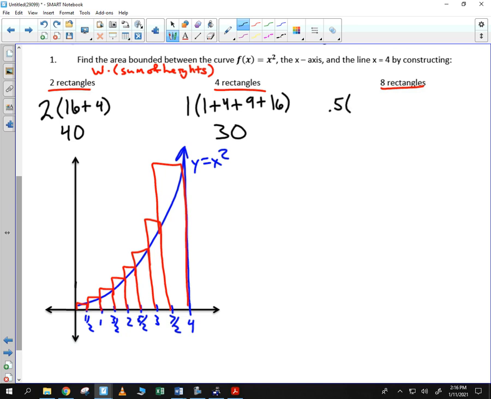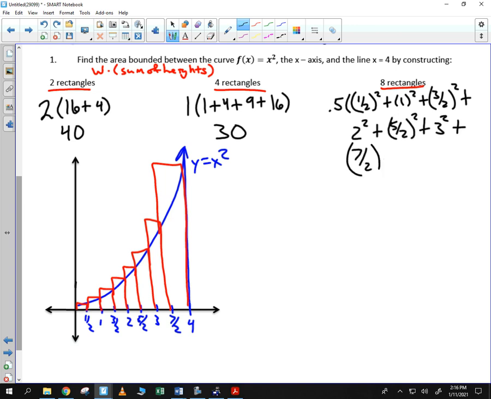And then we will look at the first height, which is determined at 1/2. So 1/2 squared plus 1 squared plus 3/2 squared plus 2 squared plus 5/2 squared plus 3 squared plus 7/2 squared plus 4 squared.